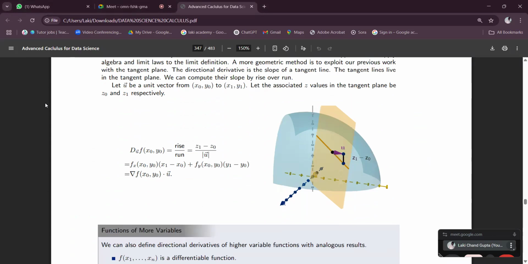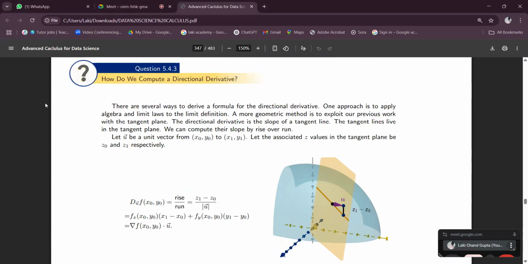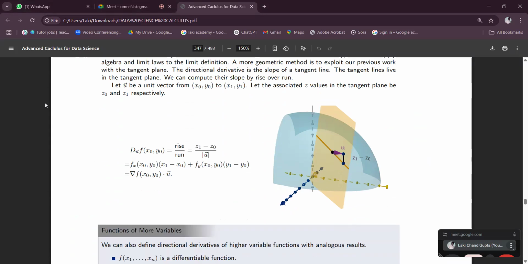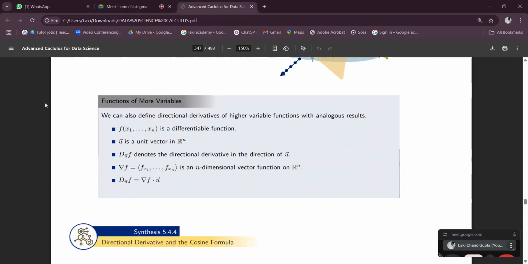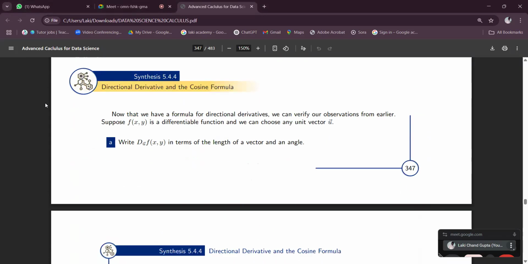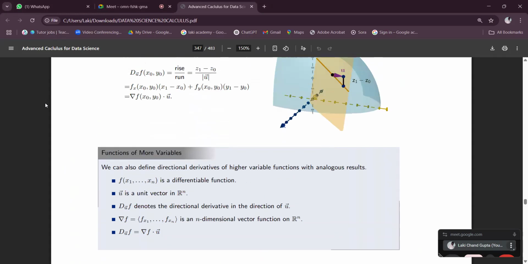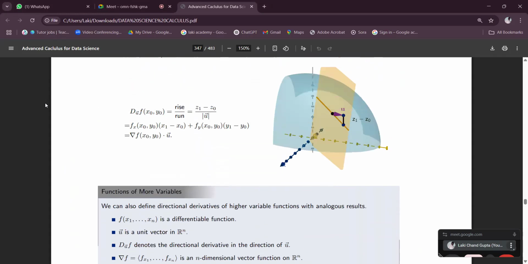This is the same thing. Now see what is the directional derivative. How to find the directional derivative?